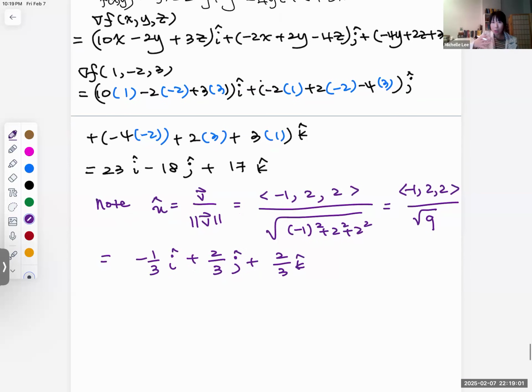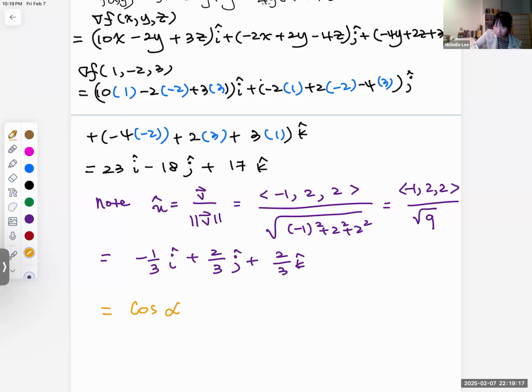So that will be corresponding because it's the same u, right? So that is corresponding cosine alpha plus cosine beta and plus cosine gamma, right?